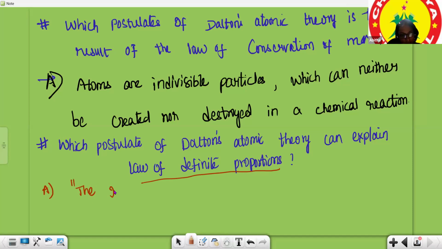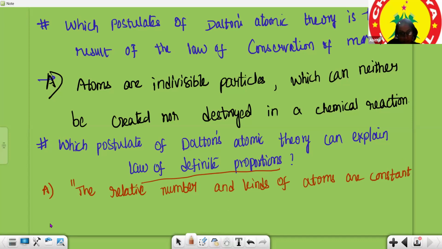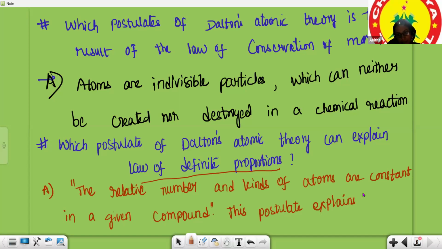The relative number and kinds of atoms are constant in a given compound. So this postulate explains the law of definite proportions.